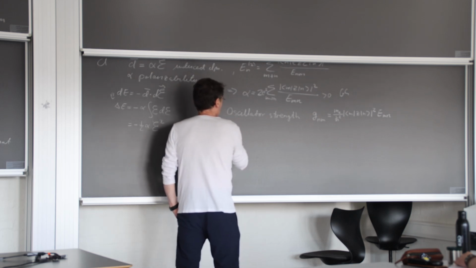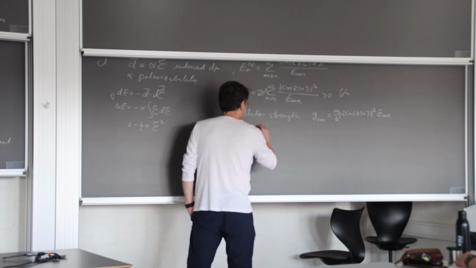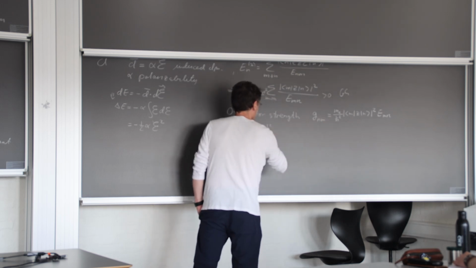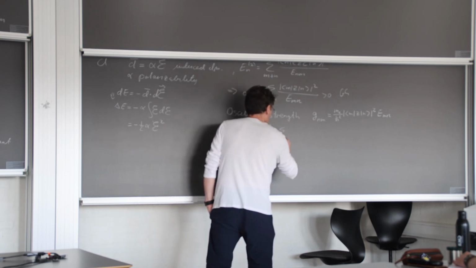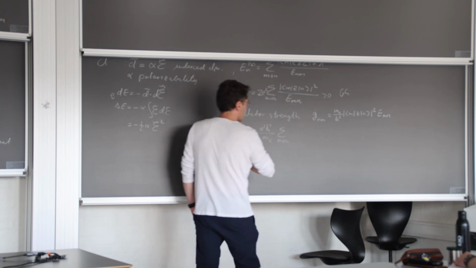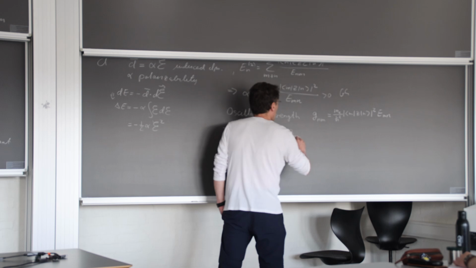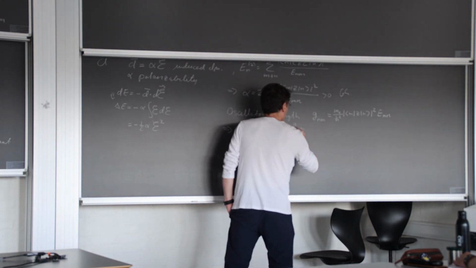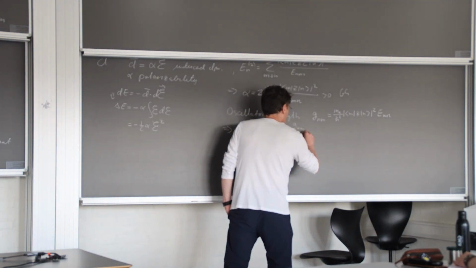And in terms of these oscillator strengths, I then get still my 2 here, then I have my e squared, and then of course I need to compensate for those. So I get this electron mass, but then otherwise, m different from n, and now the G_nm divided by E_nm squared.